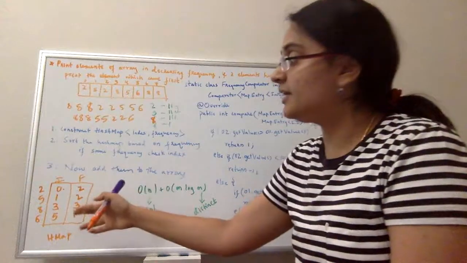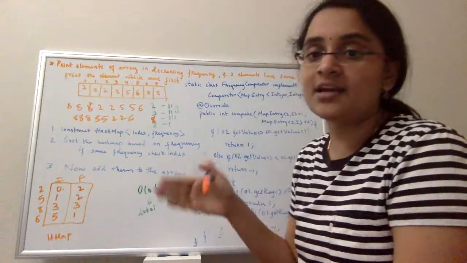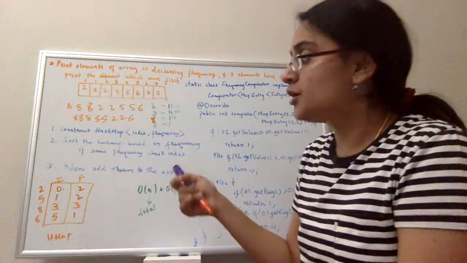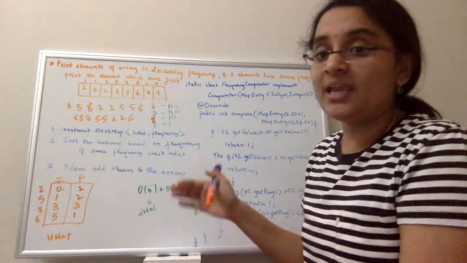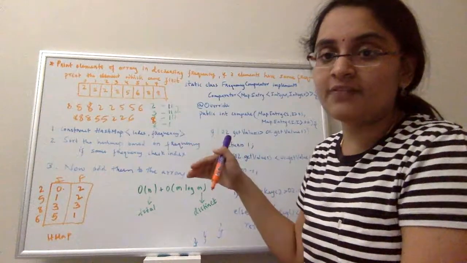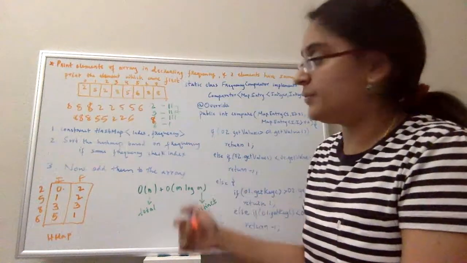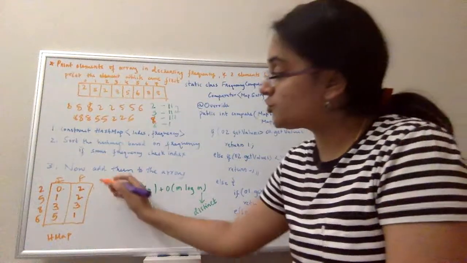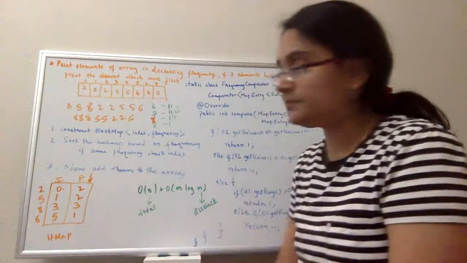So if we have the index, we are keeping track of the starting index of that element, so we can maintain the order in which they have come if we have matching frequency. So once we construct the hash map, what we have to do is sort based on this frequency.